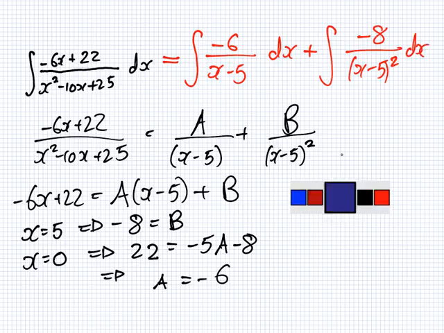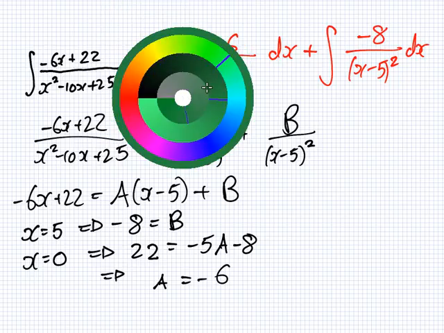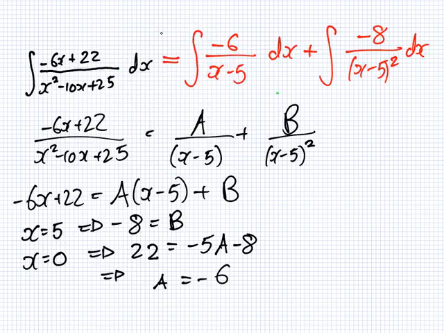Okay. So this one here is okay because this one is in the formula book. But this one is not. We'll have to do something special to this one here.